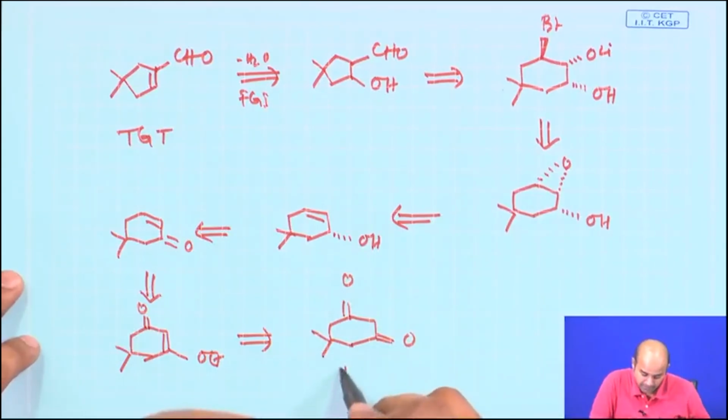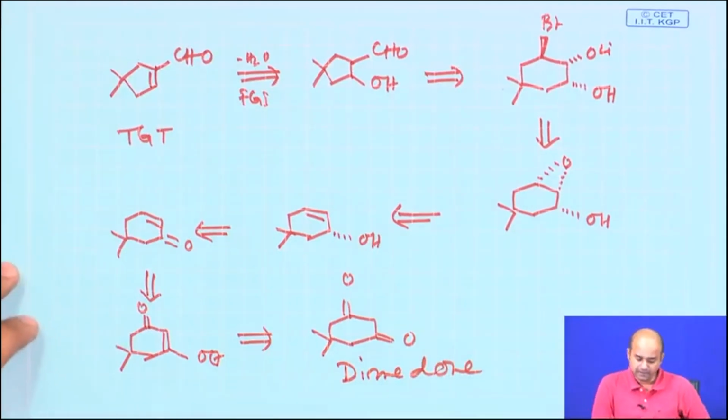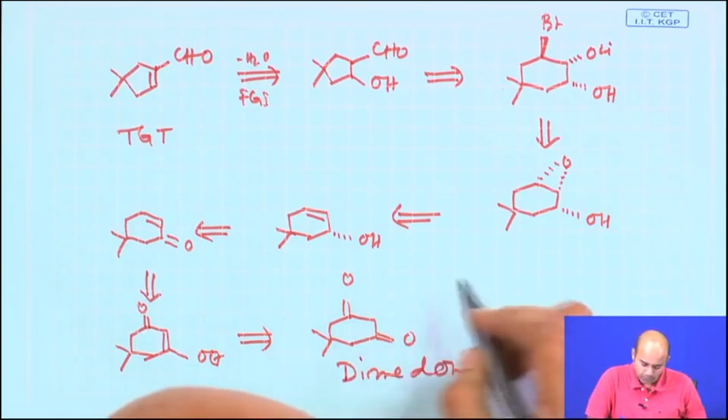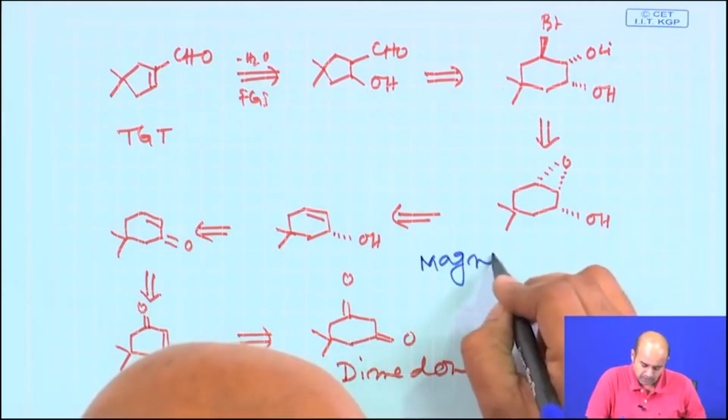Now, this is the starting material which we are coming to. This is named dimedone, it is commercially available. As I said, this whole sequence is named the Magnus ring contraction.